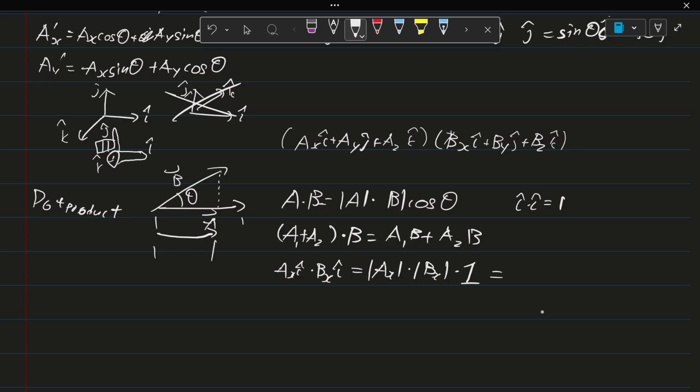But if you are taking, let's say, ax i hat times by j hat, i hat dot j hat will have an angle of 90 degrees, so this will result in 0. So for any other values which don't have the same direction for the basis, the result is 0.